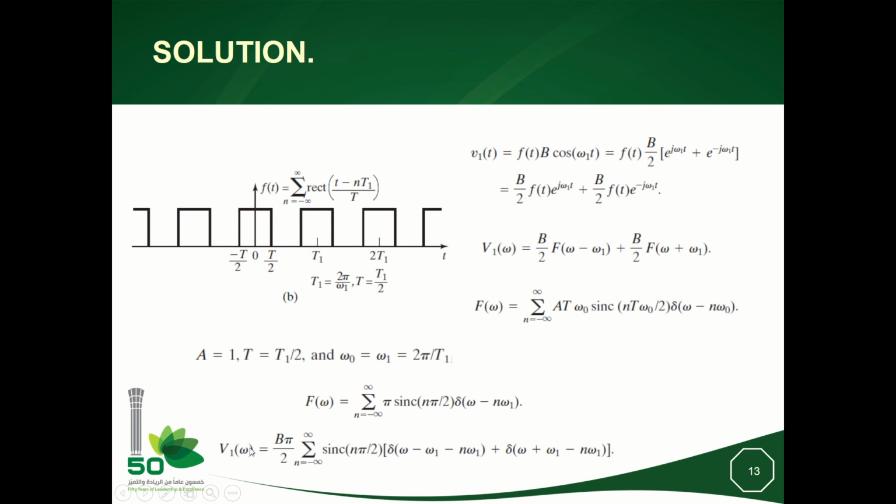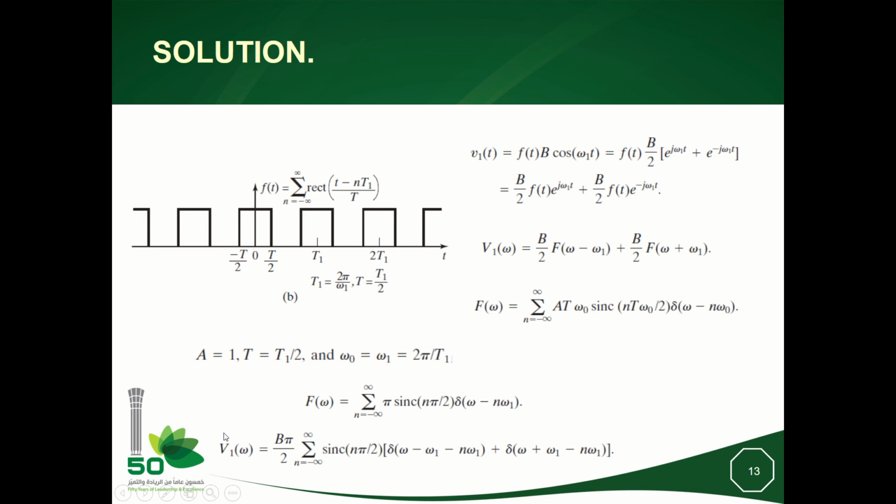Now V1 of omega, it is the product, is given by this expression. So here I will have two terms, of course, and I will also delay the spectrum F of omega by omega 1, and here I will have also a plus of omega 1 in the second term. So this is why I am seeing here two pulses with different delay expressions.